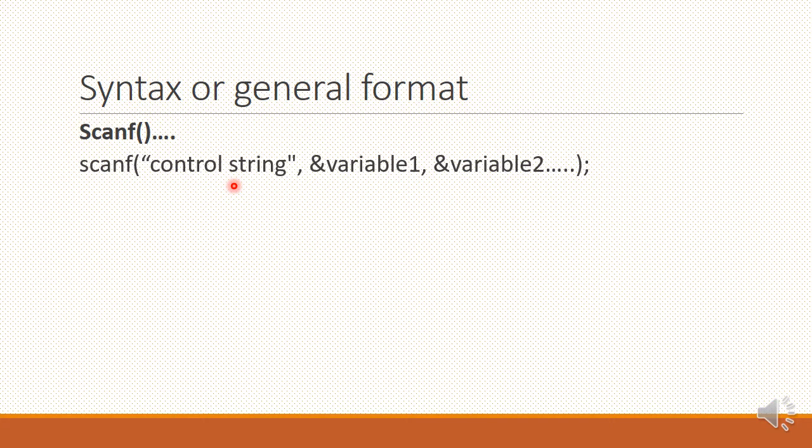If we are reading a float, it is %f. For a character it is %c. They are called control strings. Whichever type you want to read, you write here. The number of control strings should match the number of variables, and in one scanf statement you can read any number of variables. Here I have written one example.